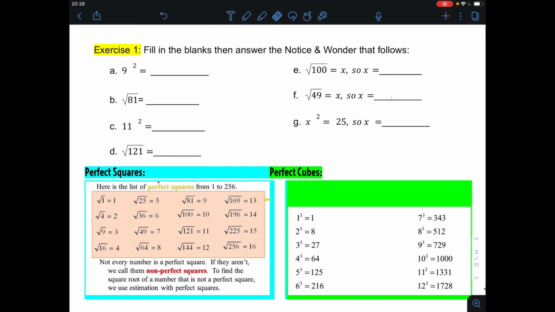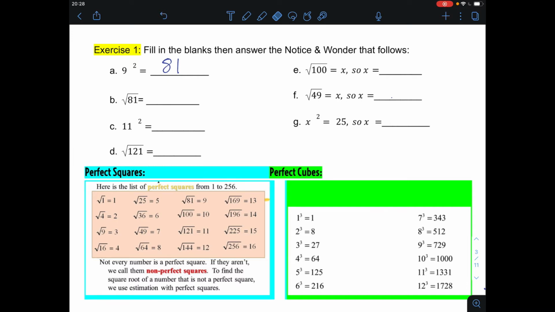So to explore our square and cube roots, let's start by looking at some squares and their roots. In A here we have 9 squared, so 9 times 9 is going to get us 81. If we tried to do the inverse and find the square root of 81, all we need to know is what number times itself makes 81.